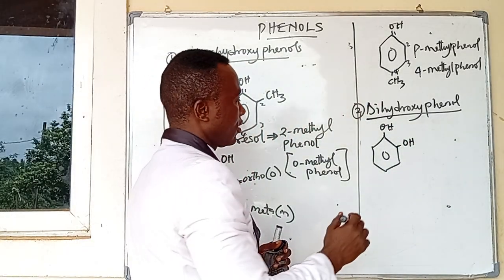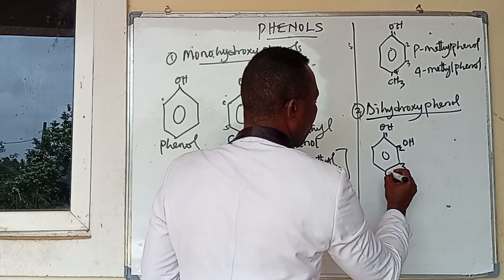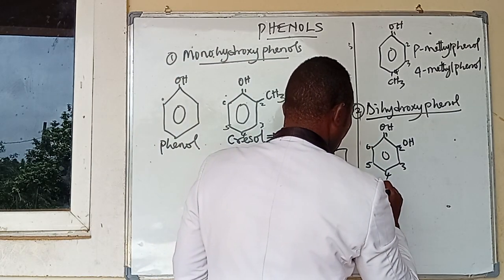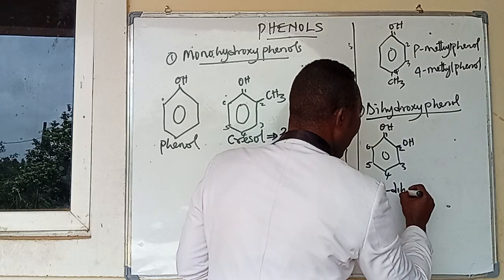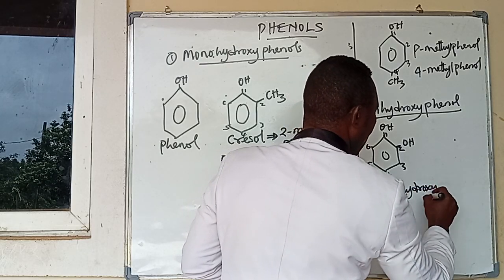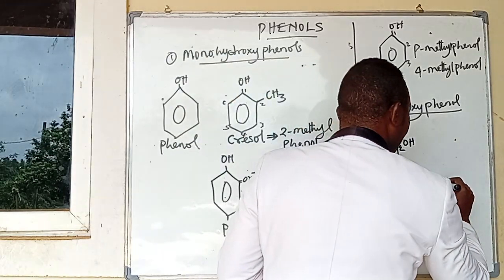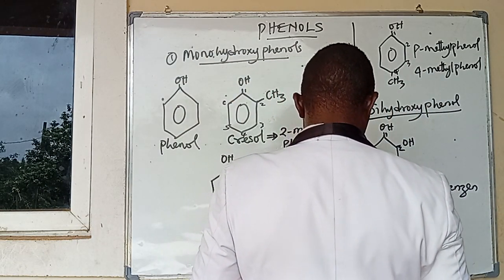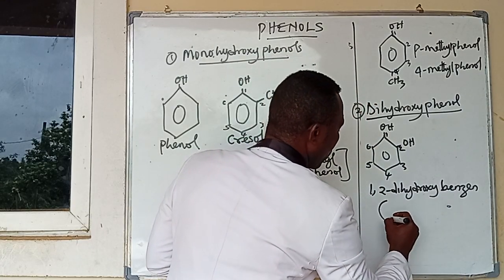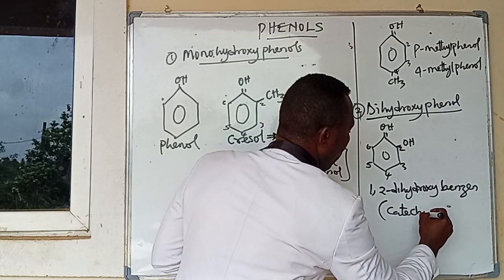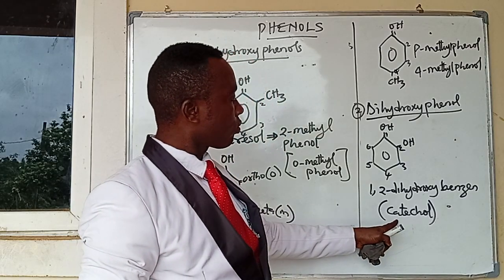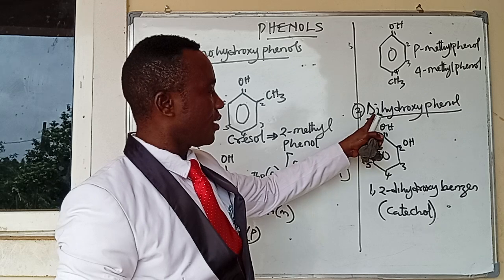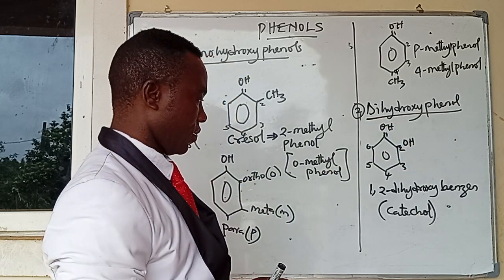If I number the carbons 1, 2, 3, 4, 5, and 6, that is 1, 2 dihydroxy benzene. 1, 2 dihydroxy benzene is catechol. So catechol, or 1, 2 dihydroxy benzene, is a dihydroxy phenol.